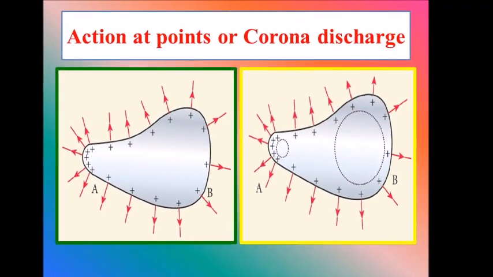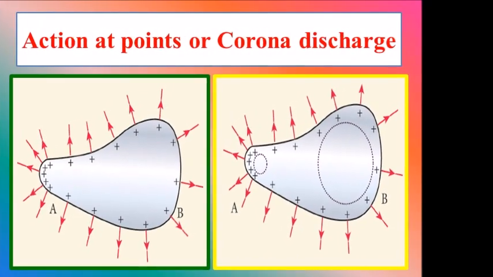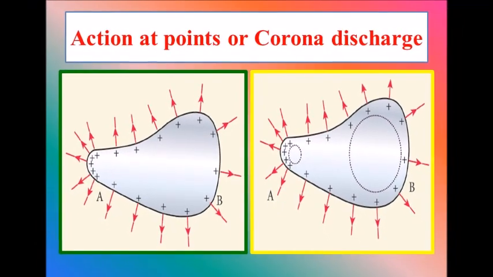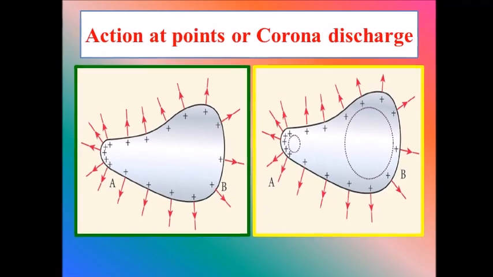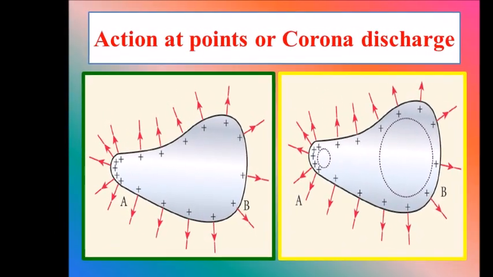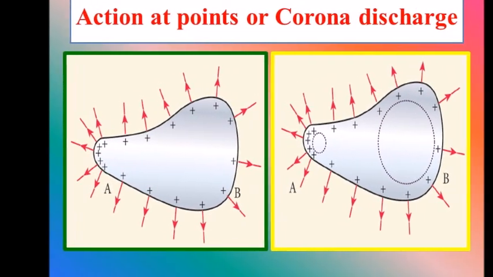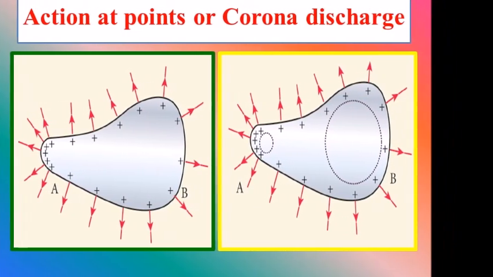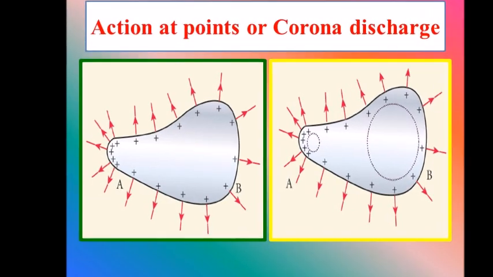Action at points or corona discharge. Let us consider a charged conductor of irregular shape as shown in the figure. The ends of the conductor which have large curvature, which means a smaller radius, have a large charge accumulation. As a result, the electric field near this edge is very high and it ionizes the surrounding air.